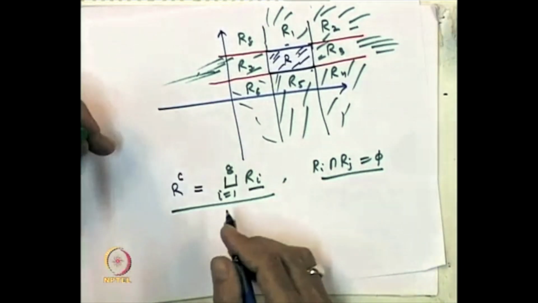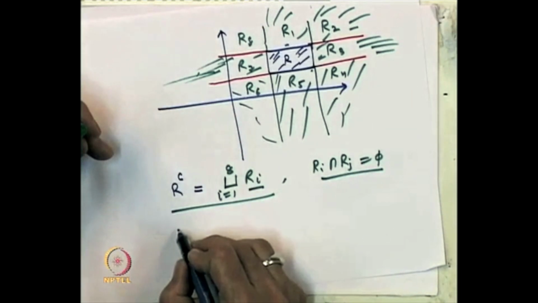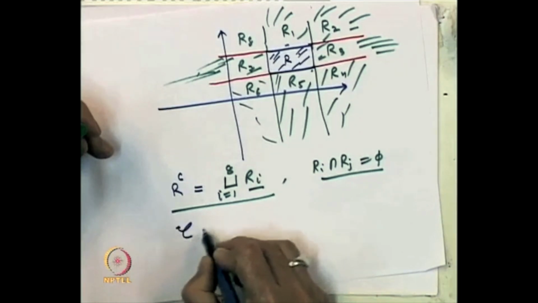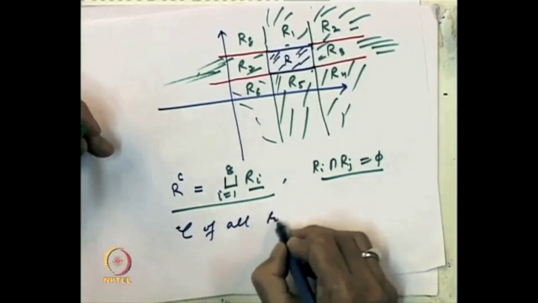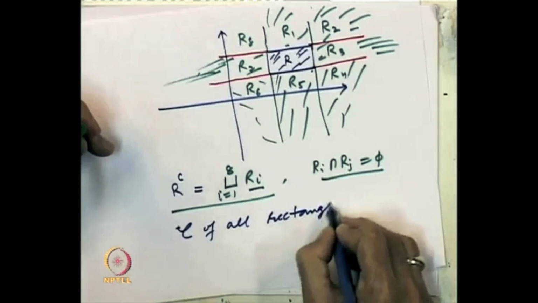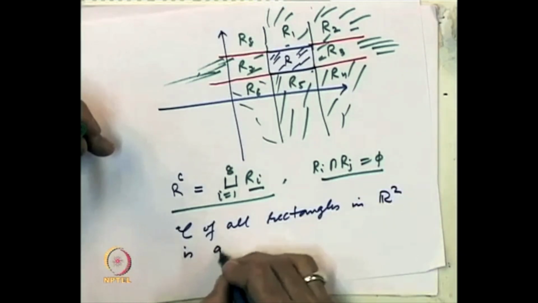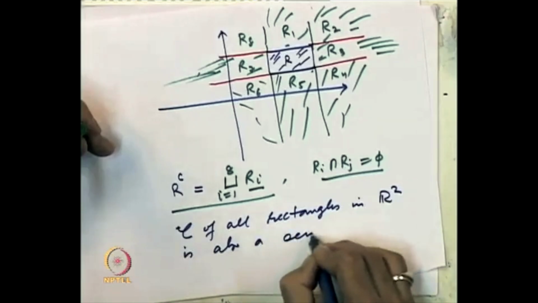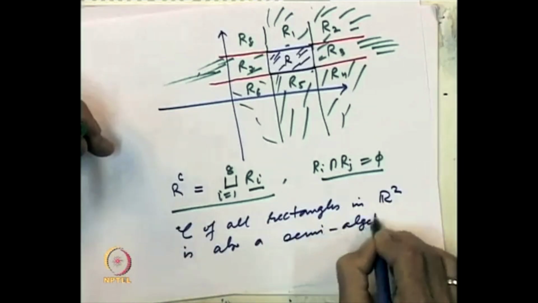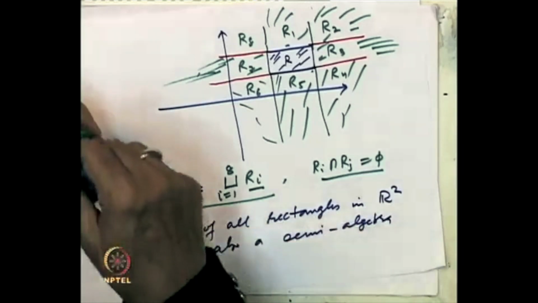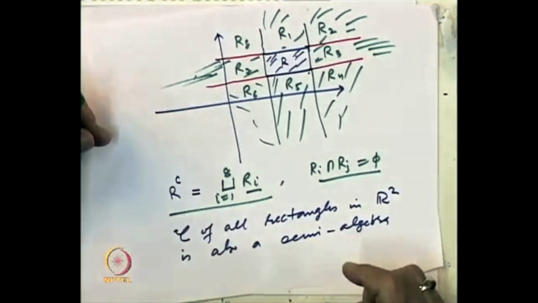So that means that the collection C of all rectangles in R2 is also a semi-algebra of subsets of X.